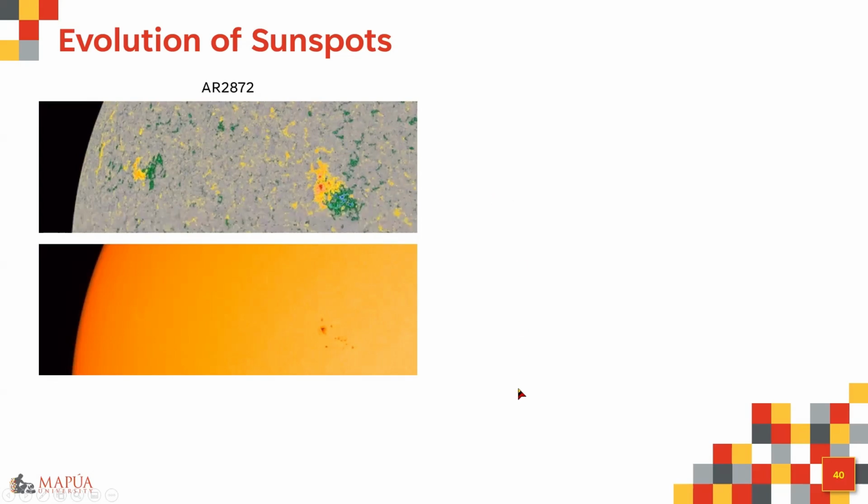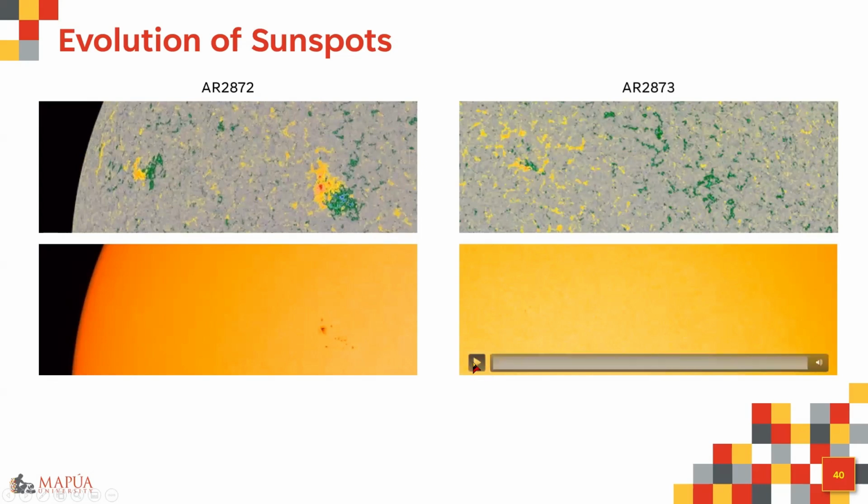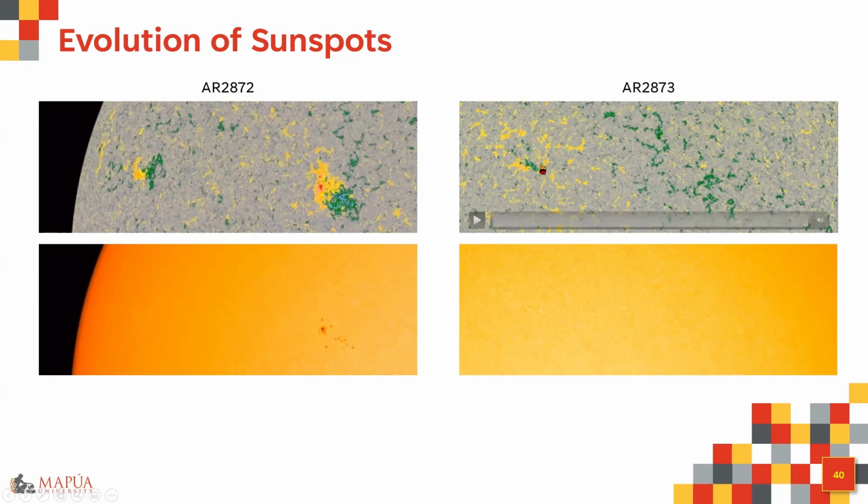You can see another example, AR2873. You will notice here that it's not yet as present, but you can already see some semblance here. If you can see my cursor, just watch out for this region.